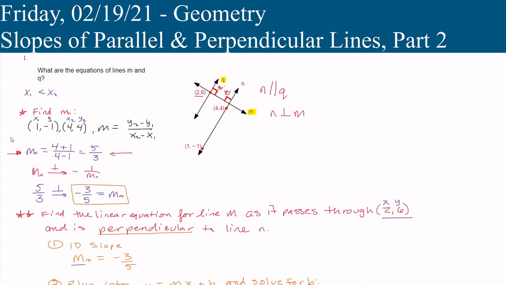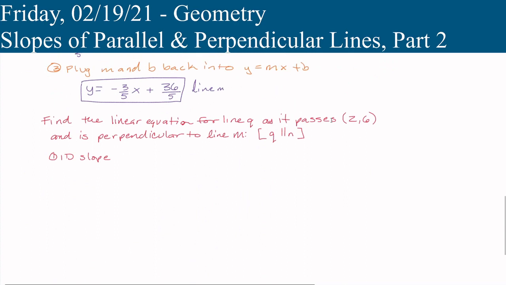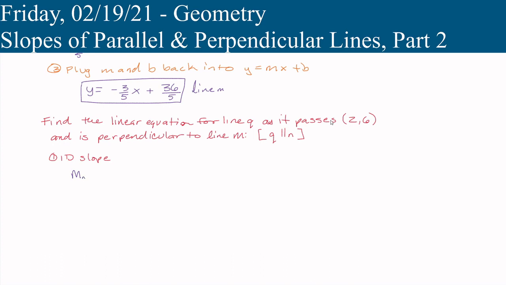It was 5/3. If line N is parallel to line Q, they're going to have the same slope. I'm going to steal this. 5/3 is my slope for Q. Slope for N is the same as the slope for Q, which was 5/3. Excellent.